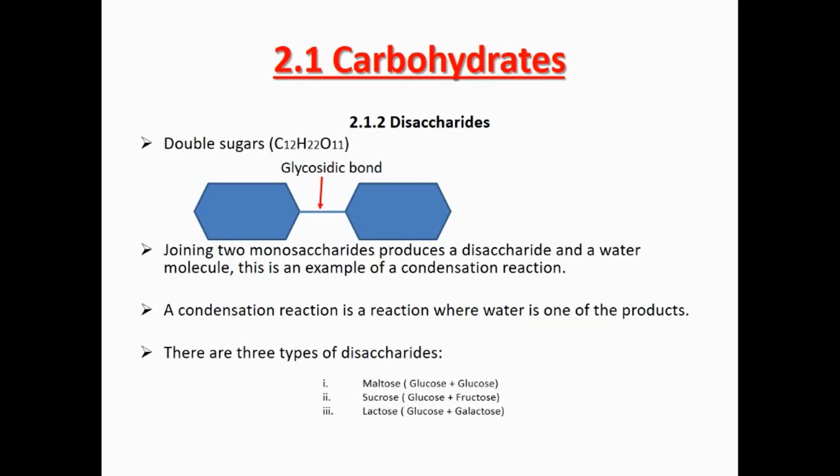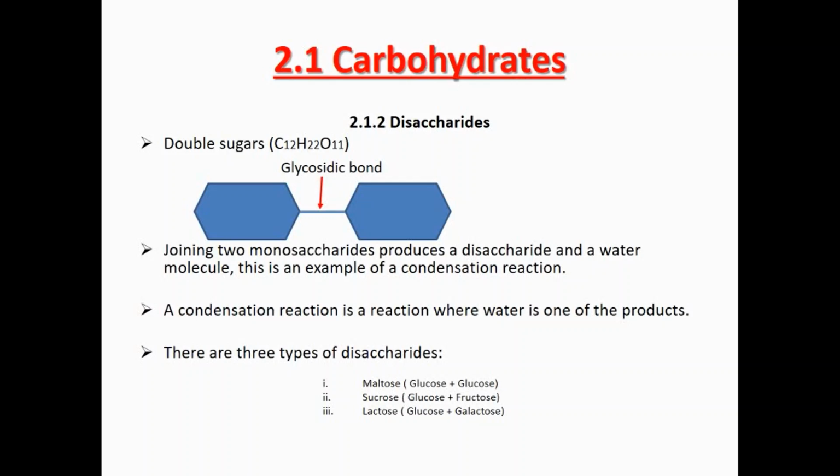Joining 2 monosaccharides produces a disaccharide and a water molecule. This is an example of a condensation reaction. A condensation reaction is where water is one of the products. You will talk about this in chemistry. So these 2 monosaccharides are joined by a glycosidic bond. A condensation reaction, like I said there, is a reaction where water is one of the products.